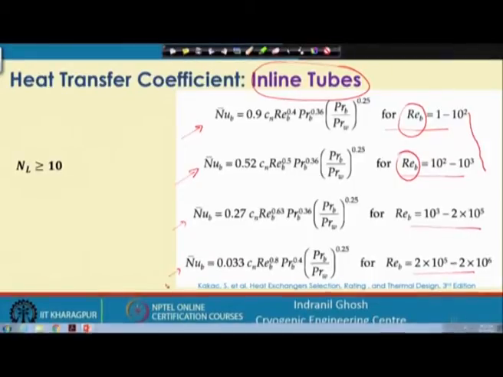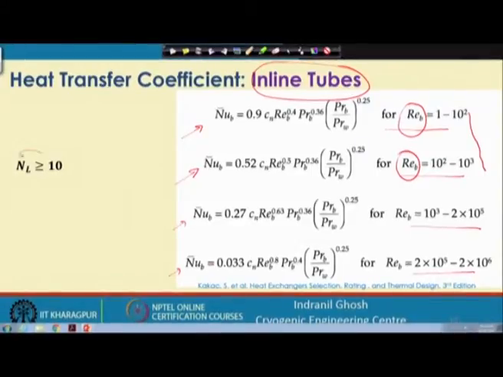This correlation is given in terms of the Nusselt number, whereas the earlier correlation was in terms of the Stanton number, the Coleman J factor.